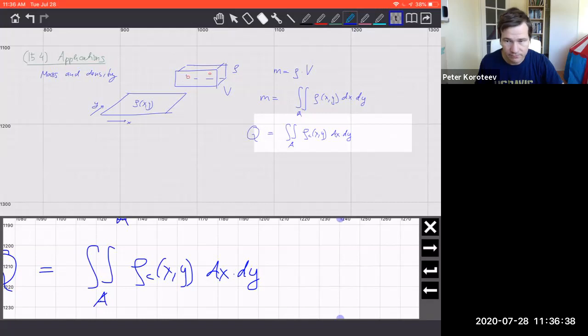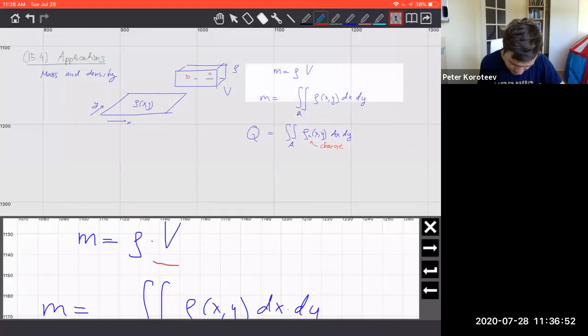The function is rho, that's the density. That's what is typically done in physics books.